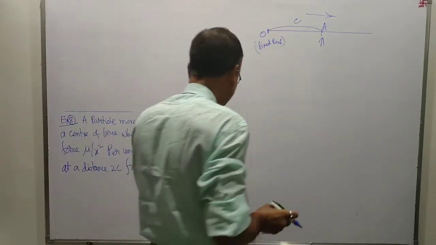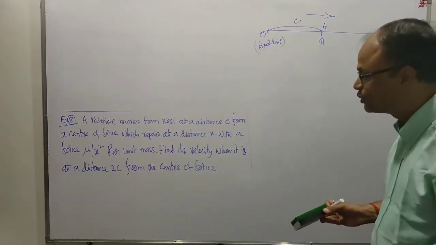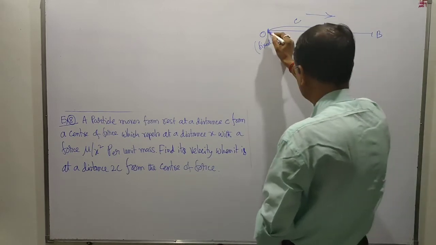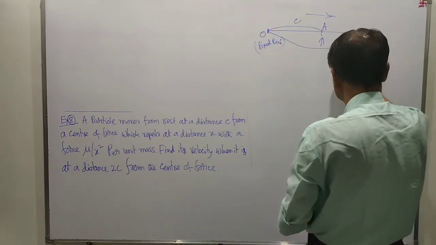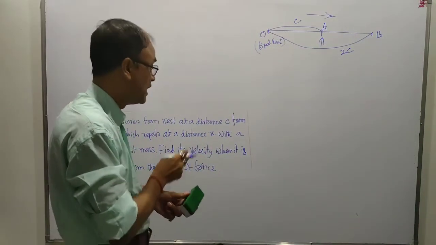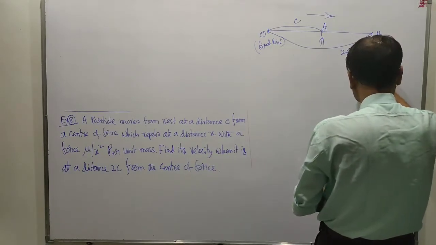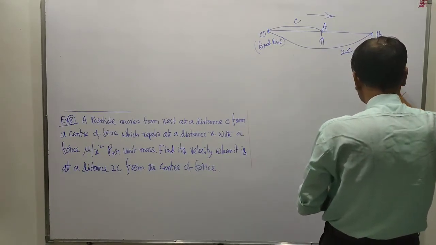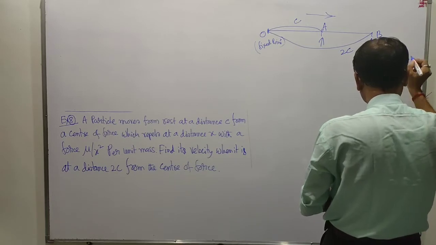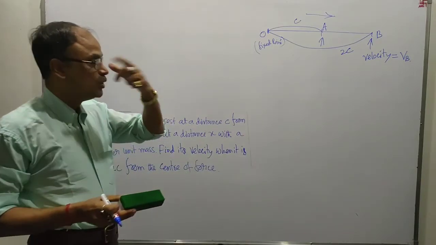Find its velocity when it is at a distance twice c from the center of force. Suppose B is a point such that this distance is equal to twice c. We are to find the velocity. Suppose the velocity is equal to v. v is the velocity of the particle at that point.